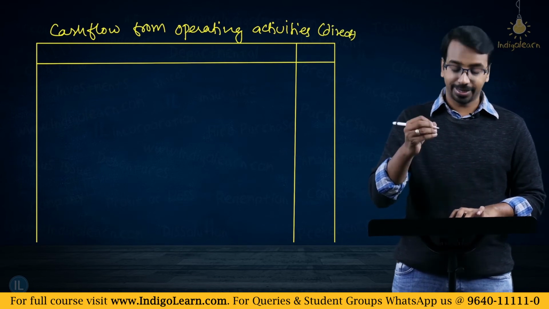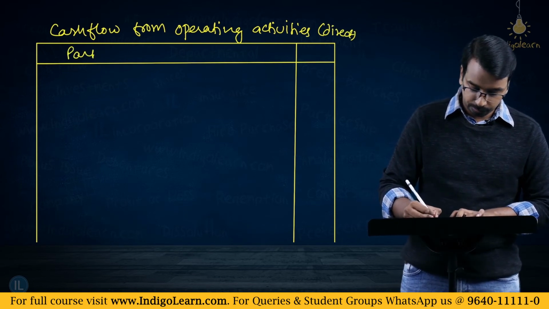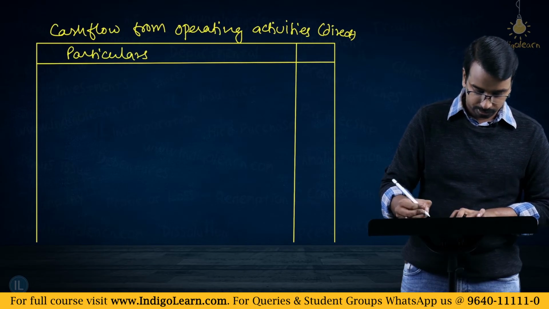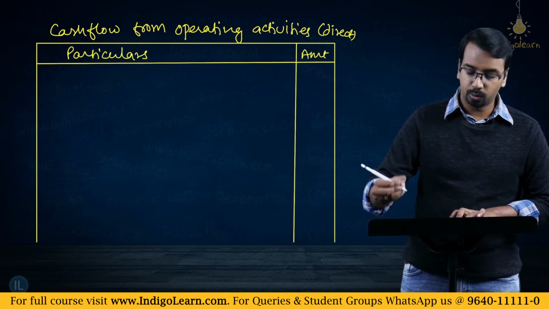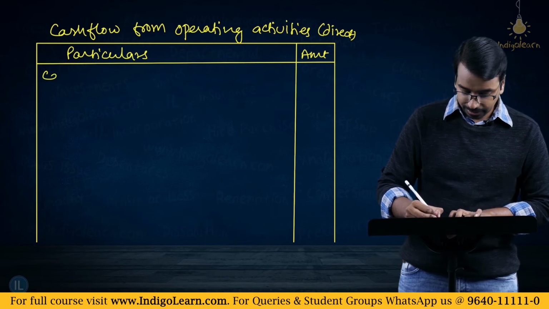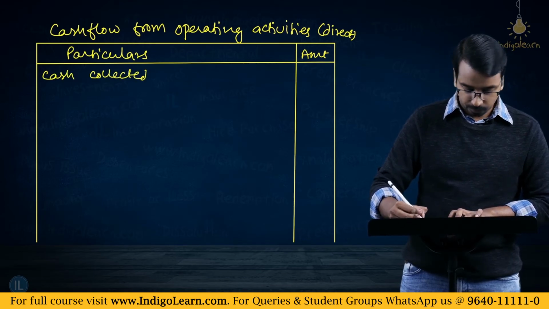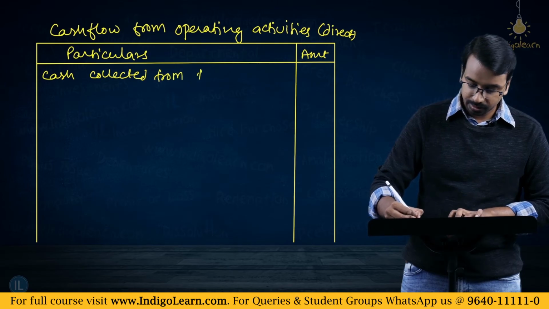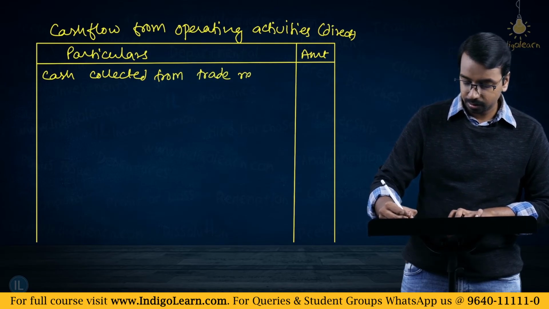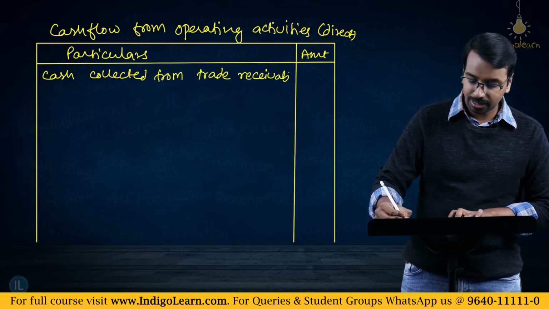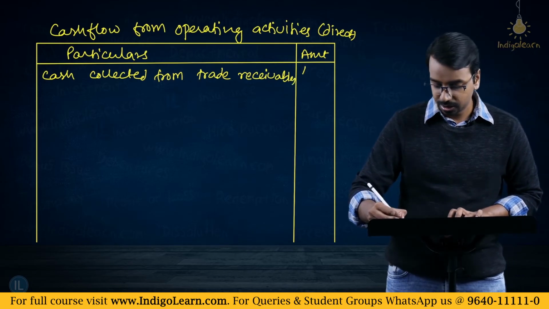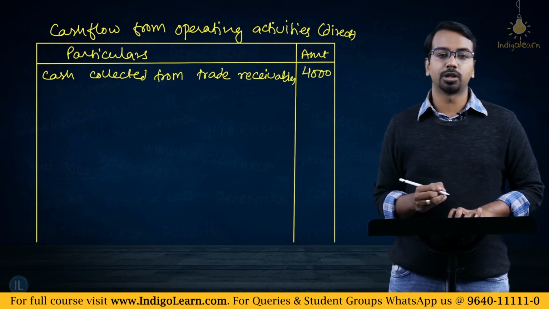We are talking about the direct method, particulars and amount. What is the first item? Cash collected from trade receivables. We have computed it as 4000.